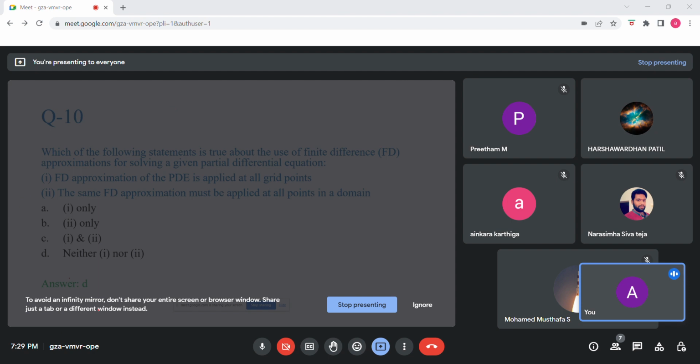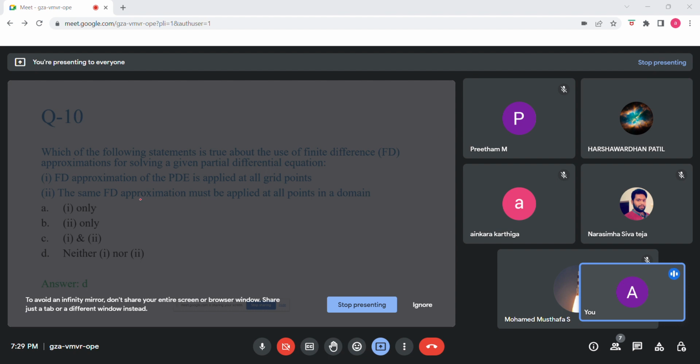And next is, which of the following statements is true about the use of finite difference approximation for solving given partial differential equations? Finite difference approximation of the partial differential equation is applied at all grid points. It is not applied at all the grid points. We use it only in the in-between grid points, not at the boundary conditions.